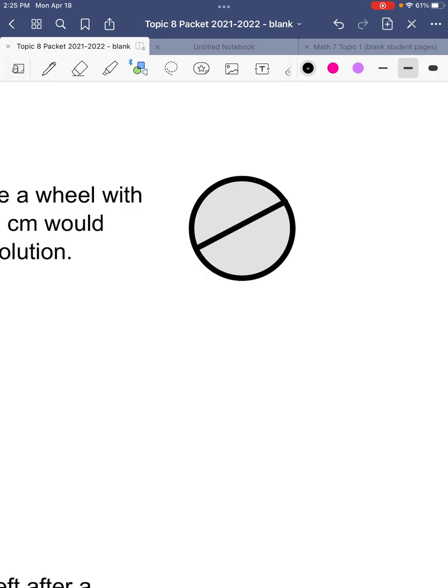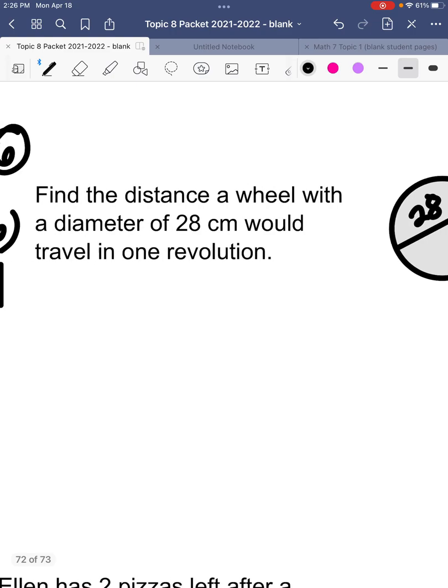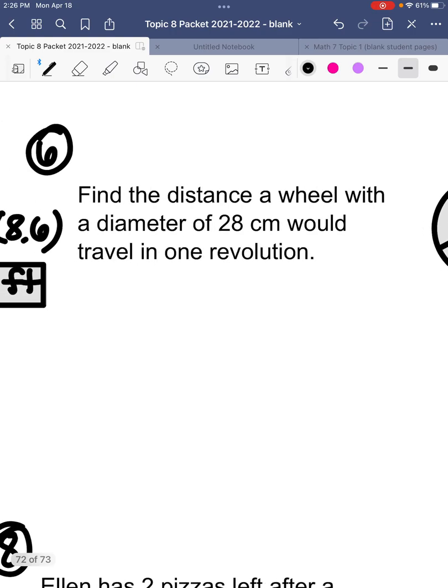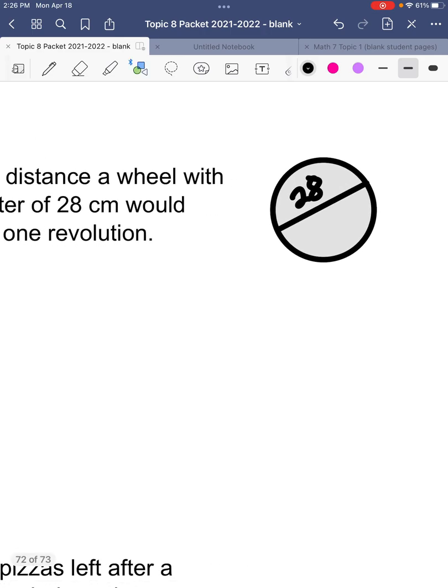So from one edge to the other, I know it's going to be 28 centimeters, okay? And I want to know how far that distance that wheel would travel in 1 revolution. So I'm just going around it 1 time, right? So I'm just finding the circumference of 1 spin. So just the distance around the circle, right?